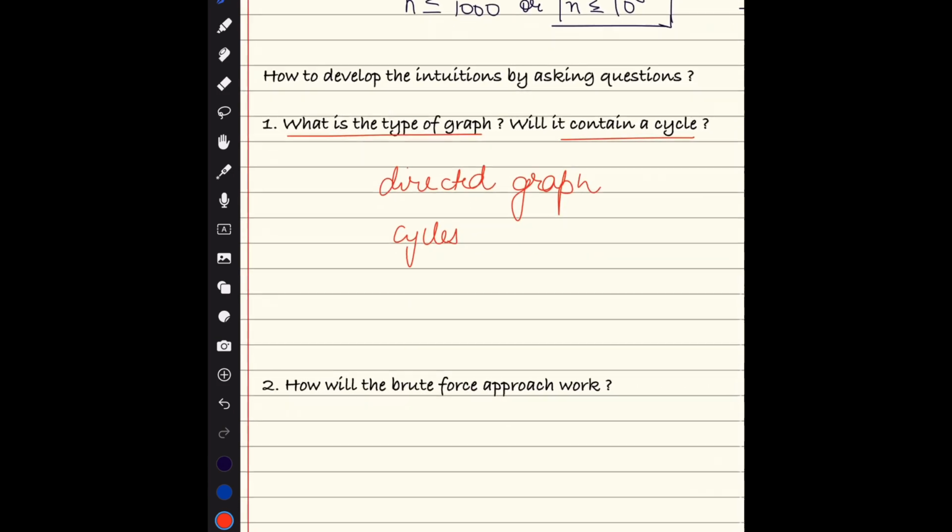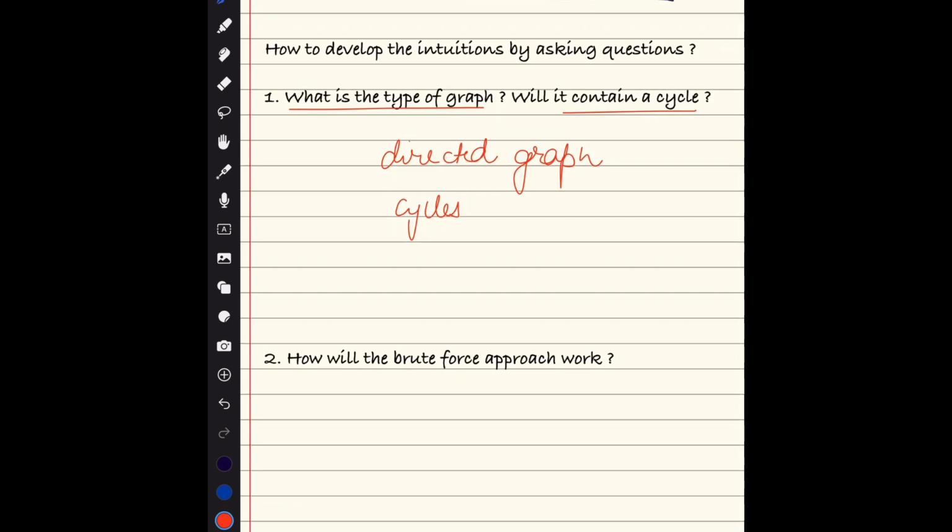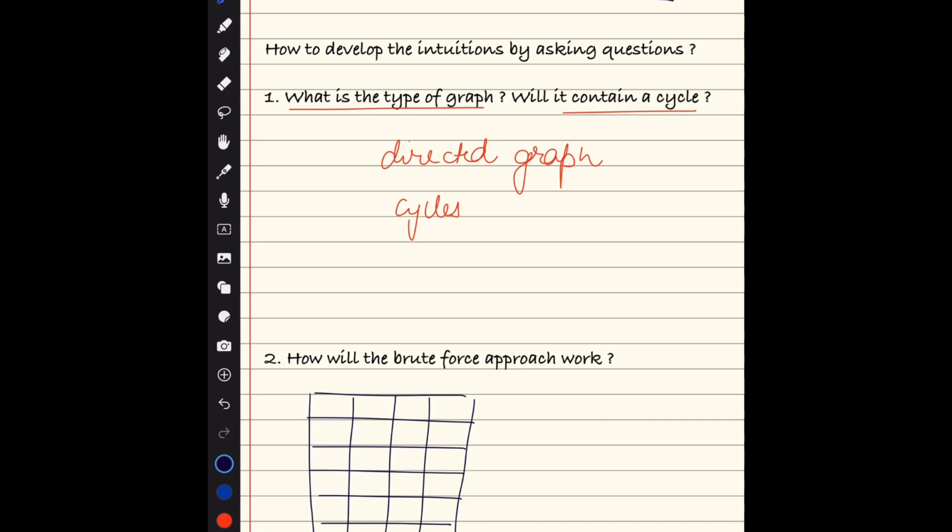Now, what will the brute force approach be? If I am given this particular chessboard, with 1 2 3 4 5 6, so I need to create two extra columns, and I have my queen over here, which can attack these particular positions, and I have my king over here, and here is my target.